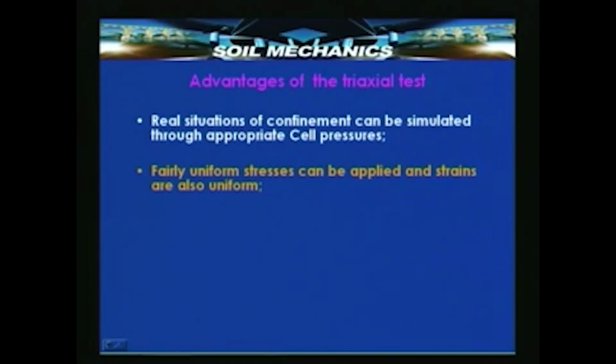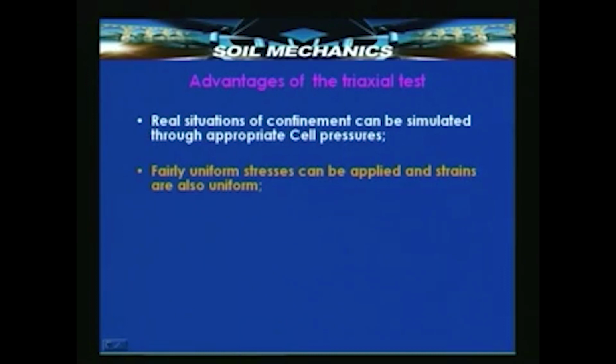In the direct shear test, for example, as the specimen deforms, you will find that the area over which the normal stress is acting goes on changing. Therefore, the stress level goes on changing; it does not remain uniform.